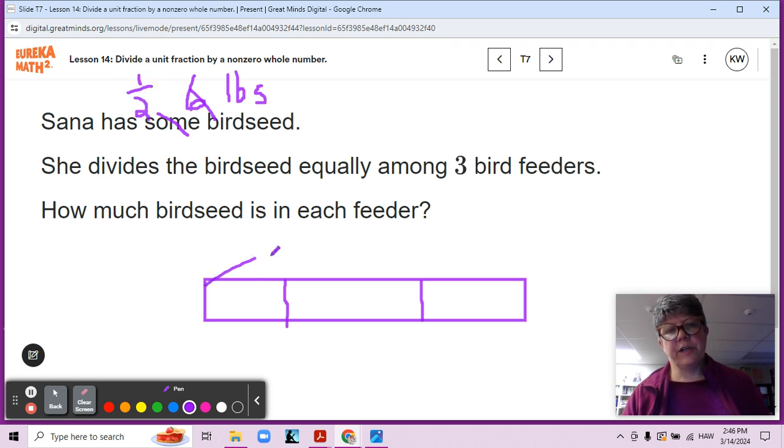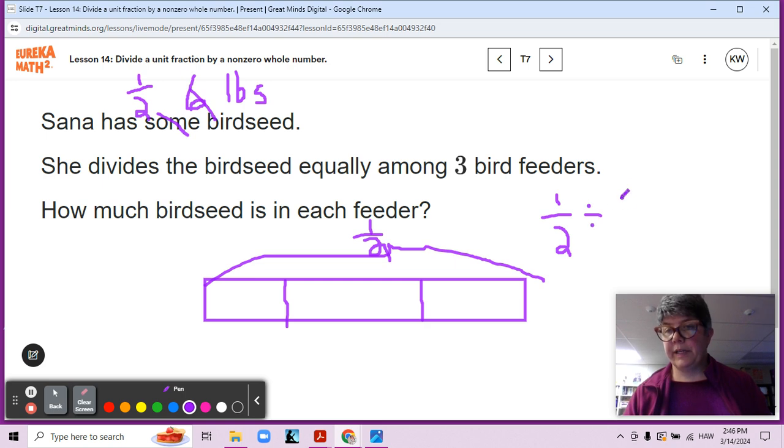What if we're starting with a 1/2 pound of birdseed? We would still do the same steps, right? We would still have 1/2 divided by 3. All right, 1/2 divided by 3.